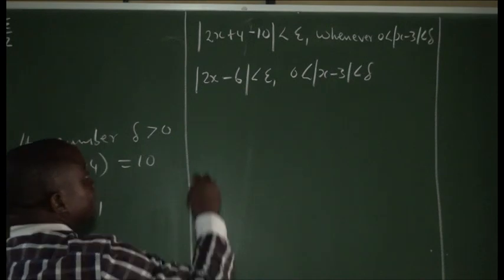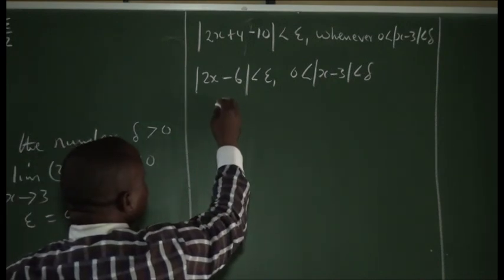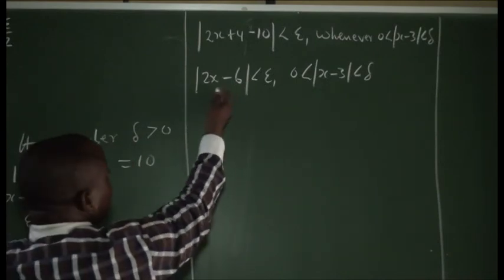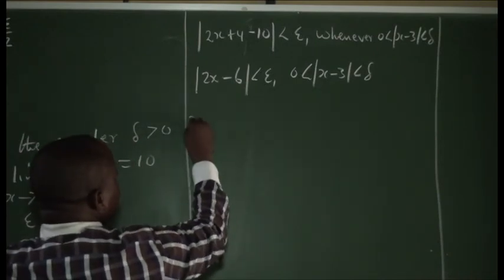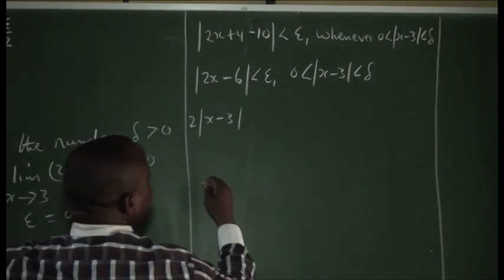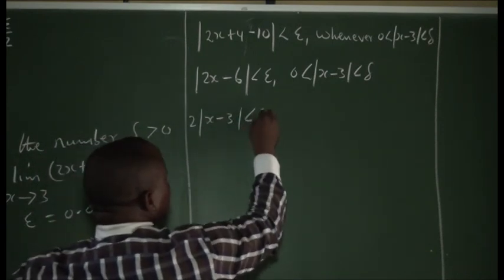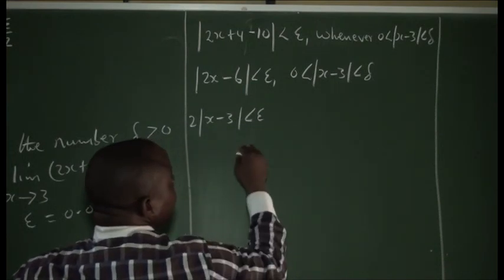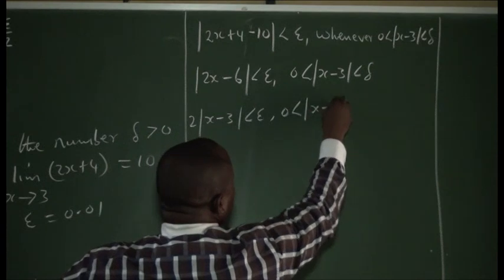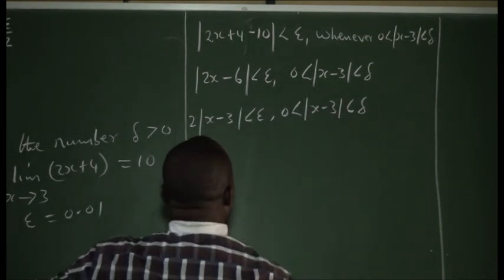All right, so here we see that we can factor out the common thing here. So we have |x − 3| is less than epsilon whenever 0 is less than |x − 3| and less than delta.